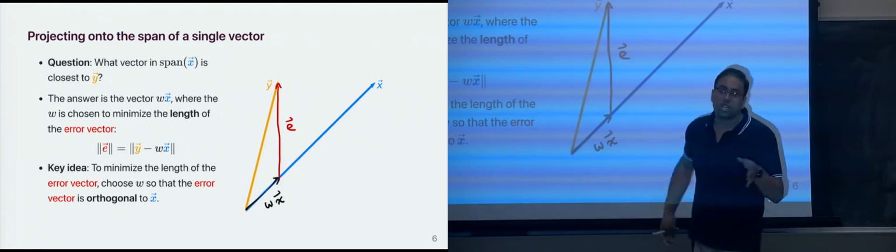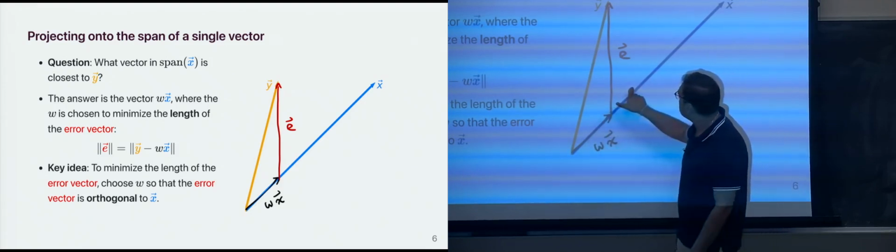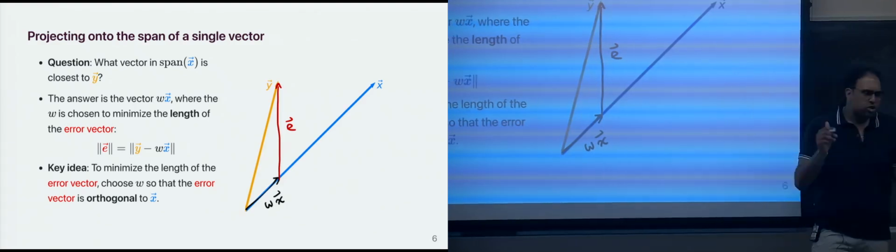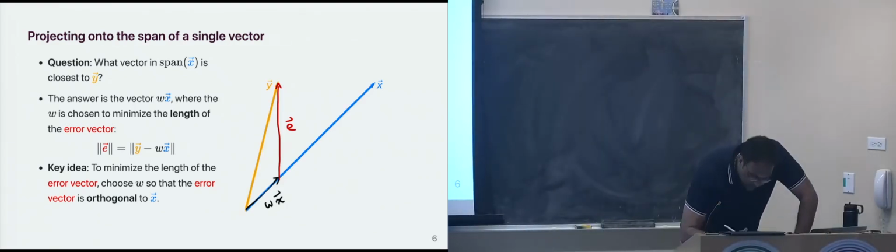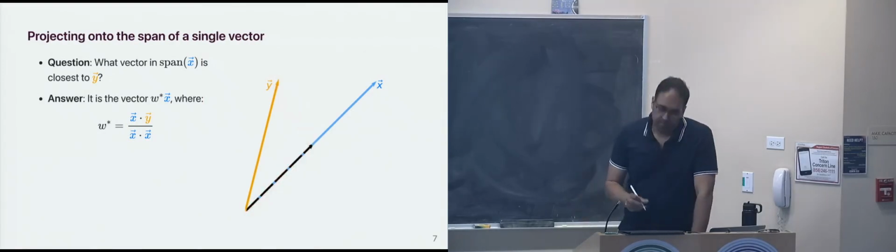And we concluded last class that the way to do this is by choosing a w that makes the error vector orthogonal or perpendicular to x. And so the ideal setup requires us to choose a w that makes the error vector perpendicular to x.